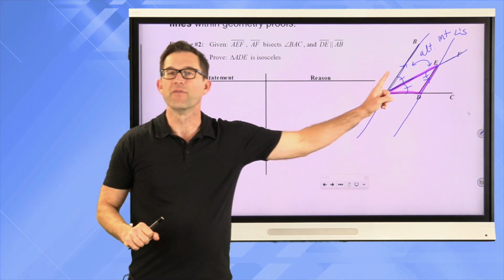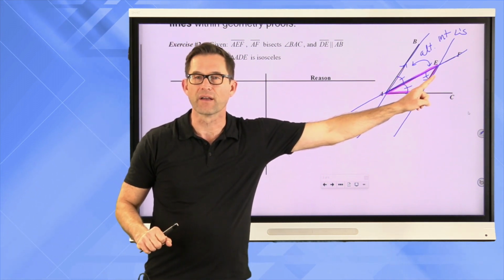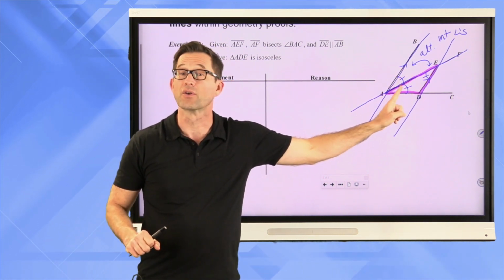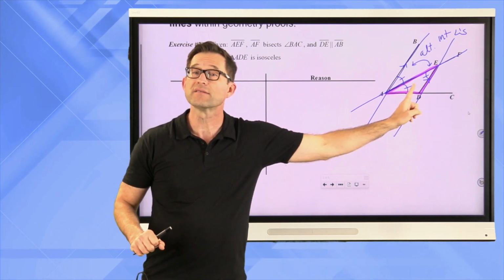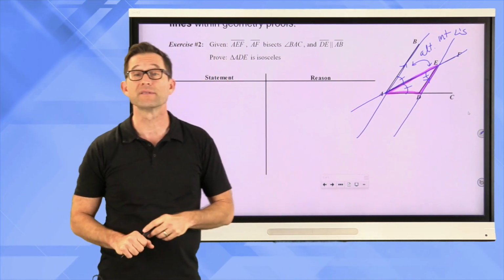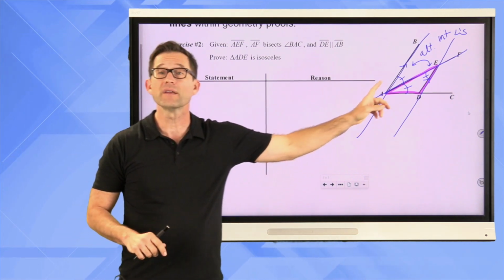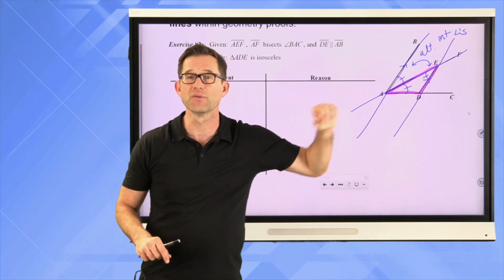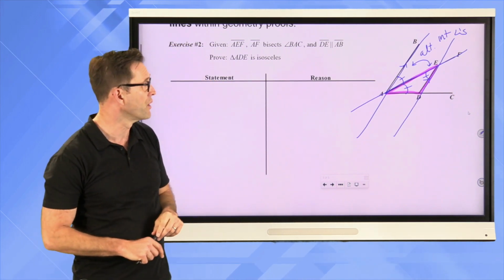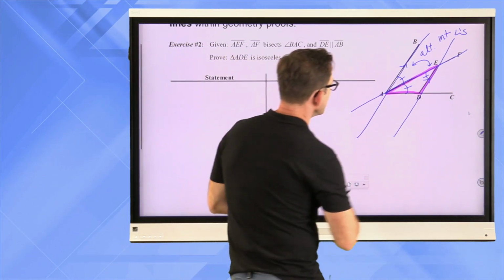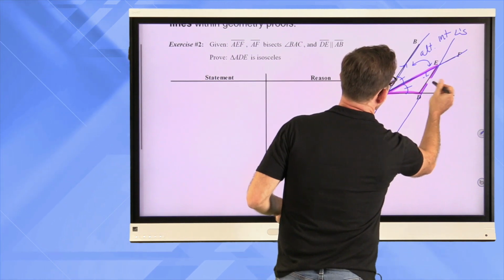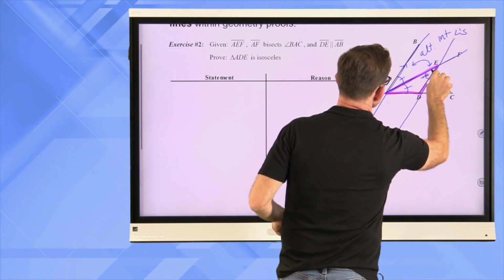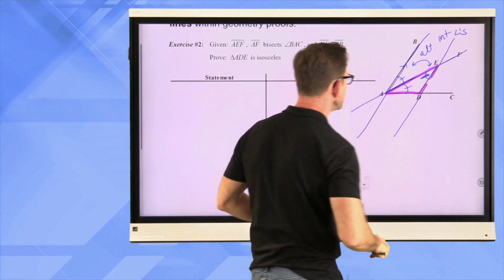And if this angle is congruent to this angle, and if this angle is congruent to that angle, then I can say that these two angles are congruent by substitution. And once I know those two angles are congruent, I can say that sides opposite of those angles are also congruent. It's just a single arc with a single slash.